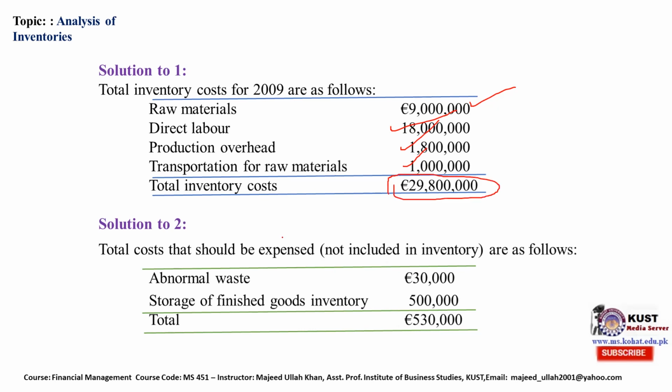Now, the total cost that should be charged as an expense or period cost is 30,000 euro of abnormal losses, which will not be included in the cost of inventory. Storage of finished goods inventory cost will also not be included in the cost of inventory. So 30,000 will be treated as an expense for that year, 2009.